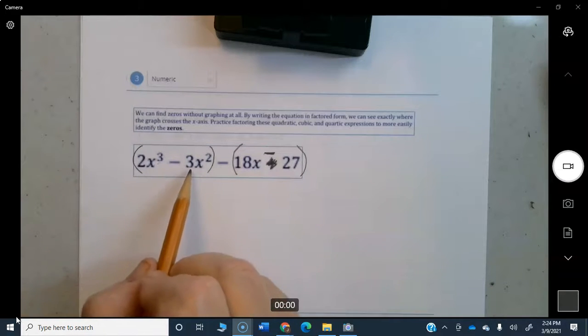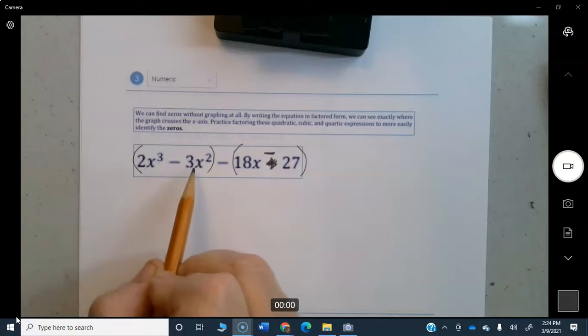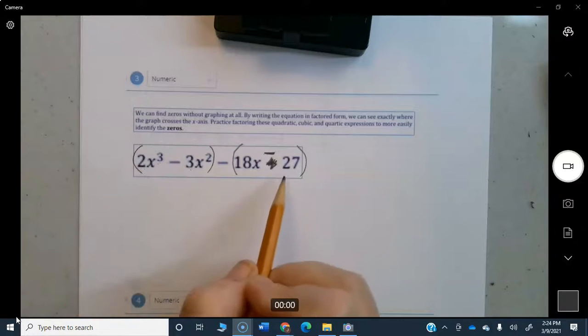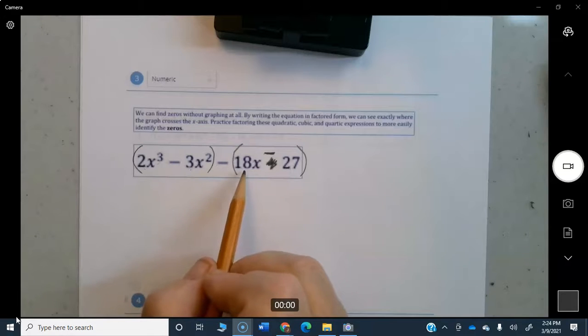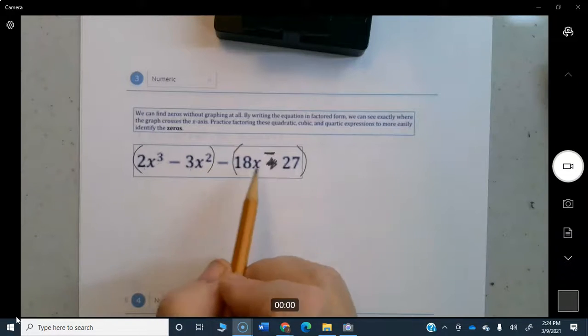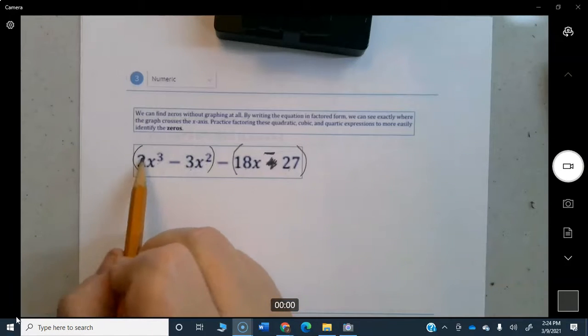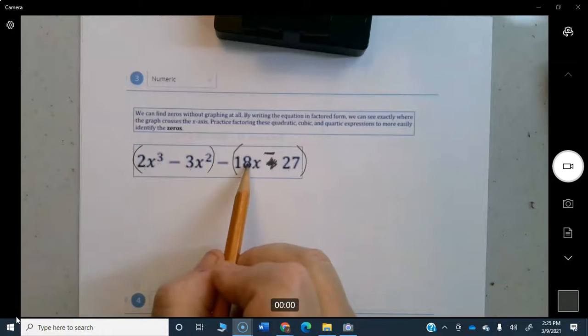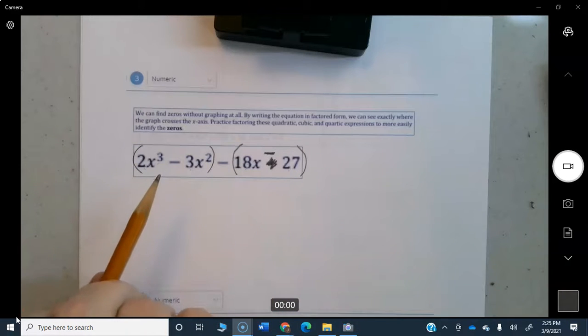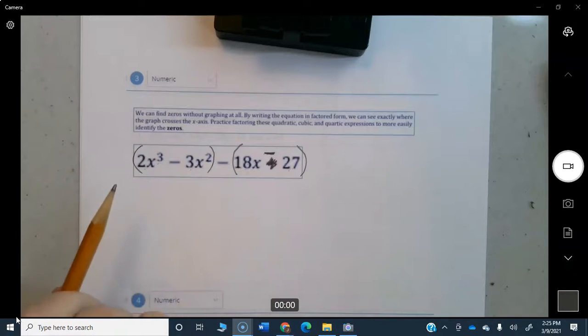And then the ratio of this number to this number, that would be 3 to 2, is the same as the ratio of 27 to 18. If you put 27 over 18 and reduced it down, it would be 3 over 2. Put this over this and reduced it down, it would be 3 over 2. So they have the same ratio, which means this method will work.